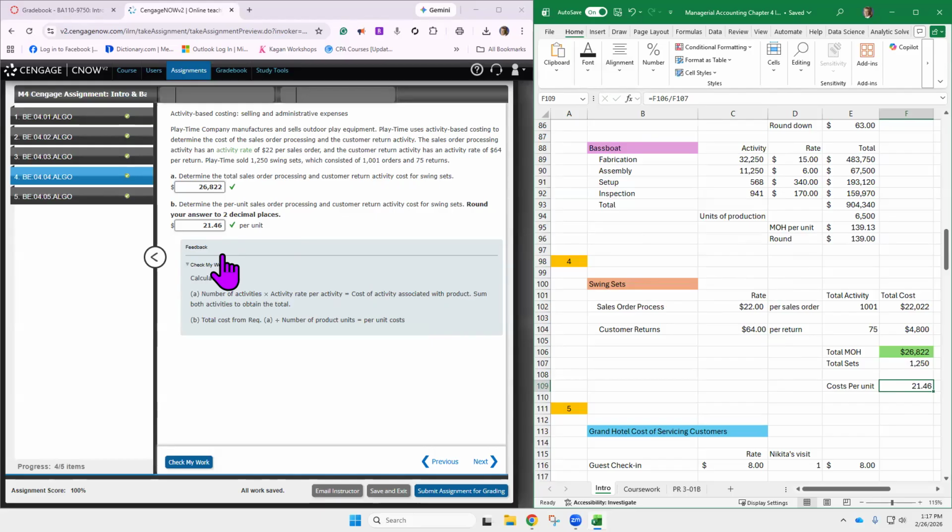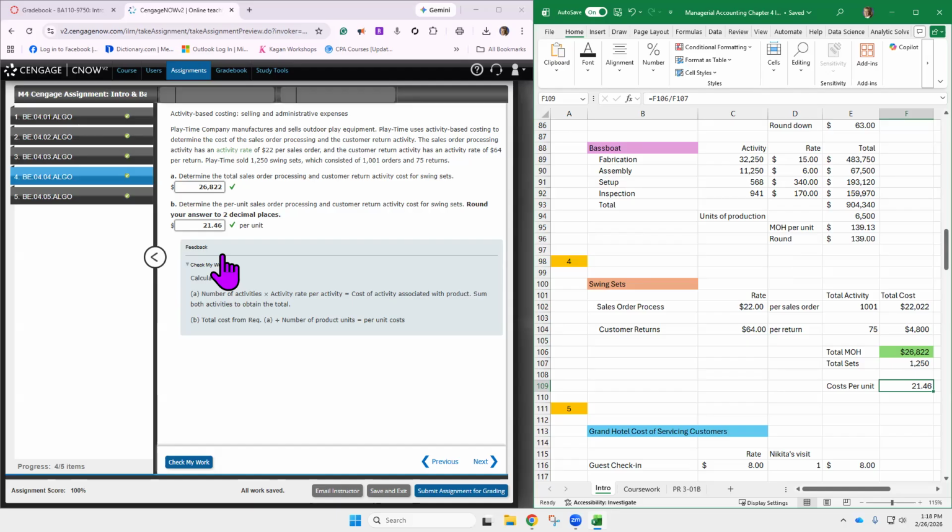So I'm sorry, I misquoted. That's not overhead. Those are selling and admin expenses that they want to allocate over some activities that are going on for selling or for the swing sets.